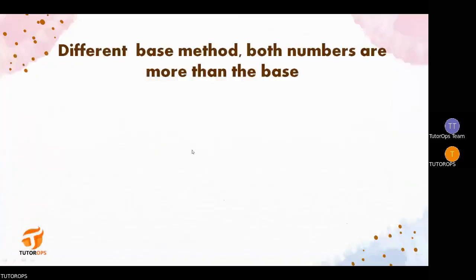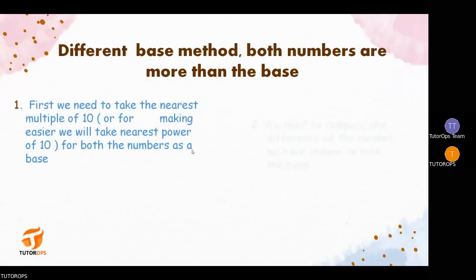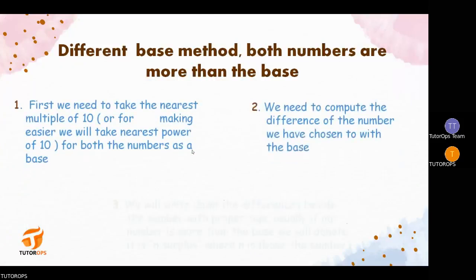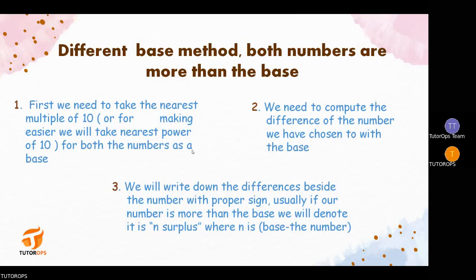Now, the different base method, where both numbers are more than the base. I am just a bit advanced with the method, so I am introducing you to the different base method. This is a bit advanced. First, we need to take the nearest multiple of 10, or for making it easier, the nearest power of 10.